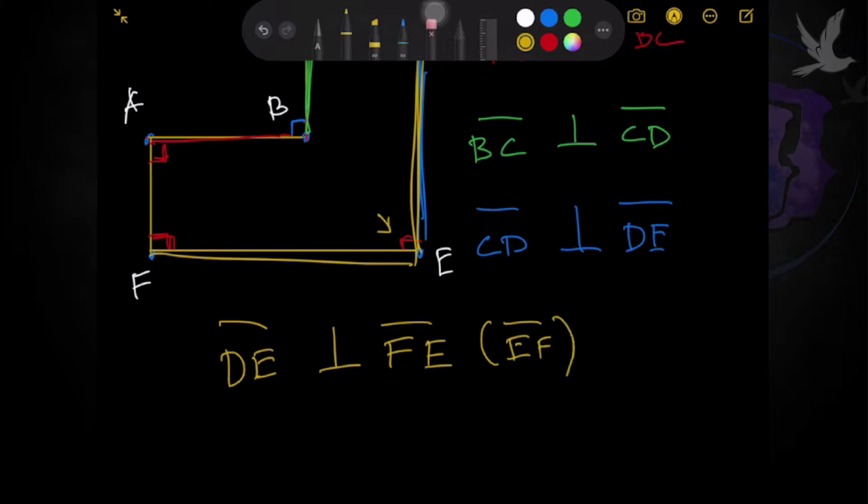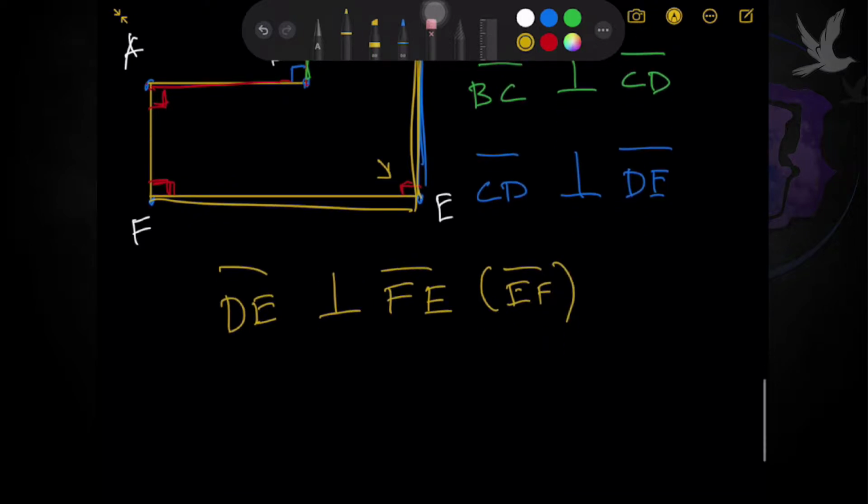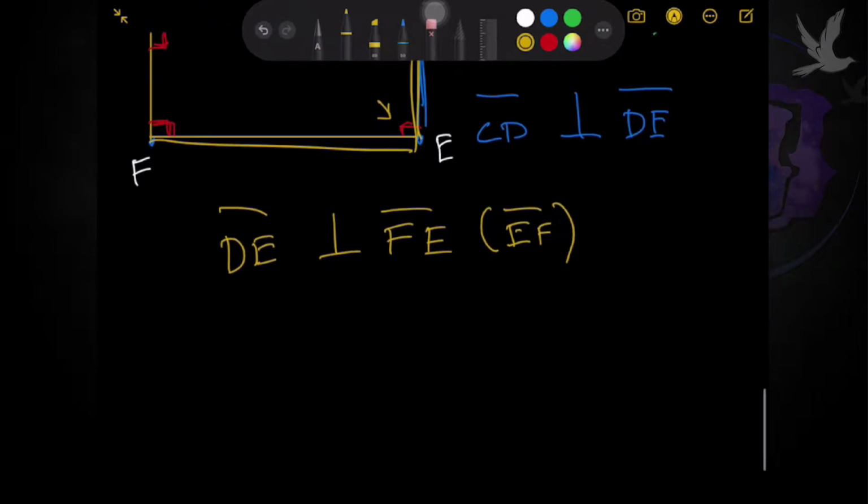Yes. You can basically interchange. They basically mean the same. As long as they are composed of the same points, even if you interchange their letters, they are still the same. So, in other words, line DE is just the same as line ED.